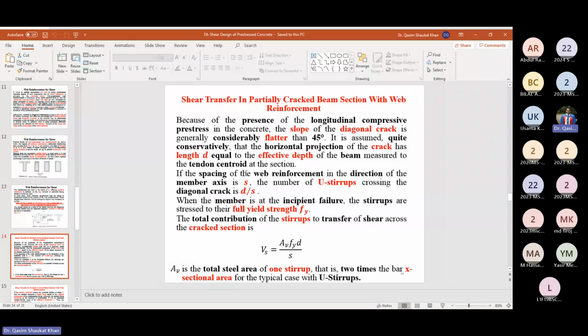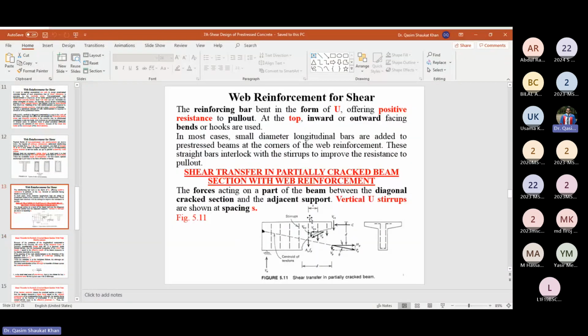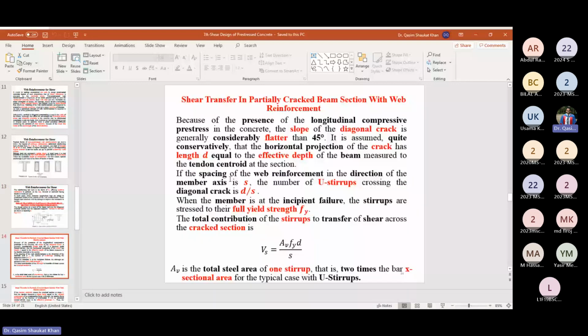If the spacing of the web reinforcement, what is it? S. So this is S, the spacing between the U-shaped stirrups in the web part. So it is assumed, if the spacing of the web reinforcement in the direction of the member axis is S, the number of U-shaped stirrups crossing the diagonal crack is d over S. What is d?